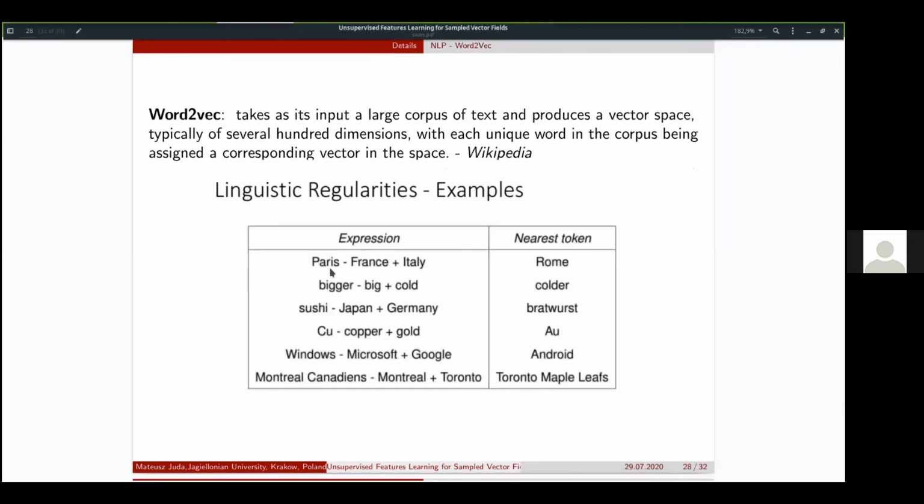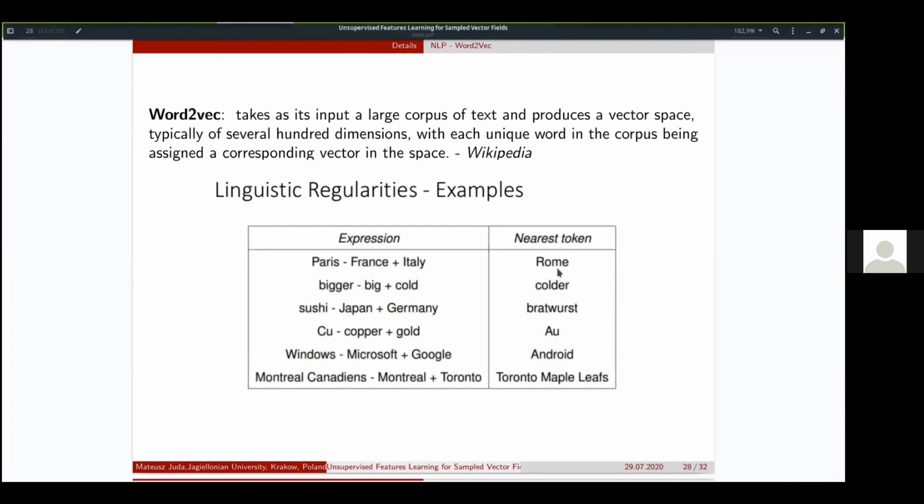You can read a lot of very nice examples of how the method works. For example, because the embeddings are in a vector space, you can also do arithmetic on the embeddings. The papers show such a nice example: when we take the word Paris, the word France, and the word Italy, take the embeddings and do the arithmetic, the nearest token is Rome.